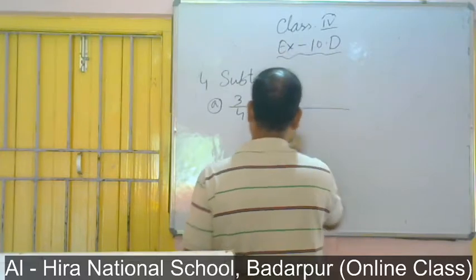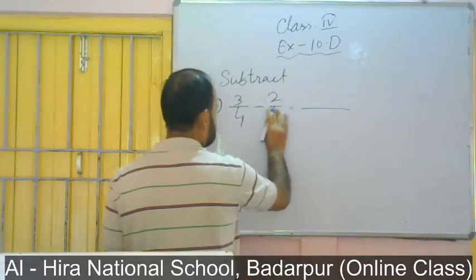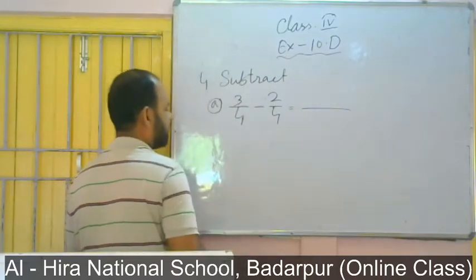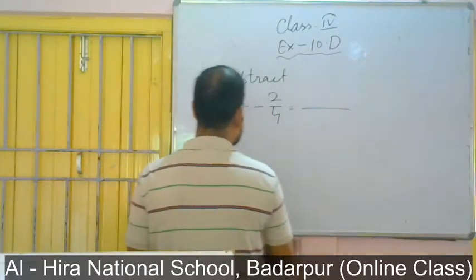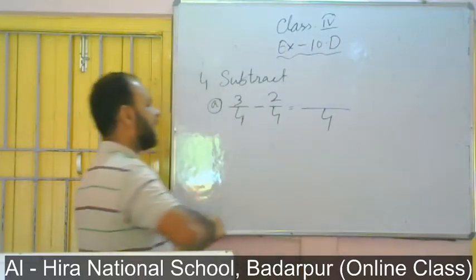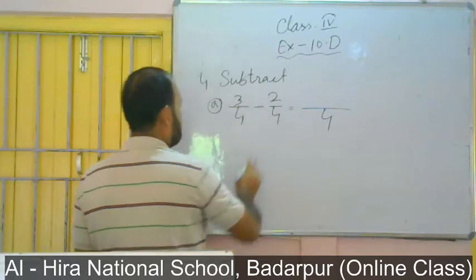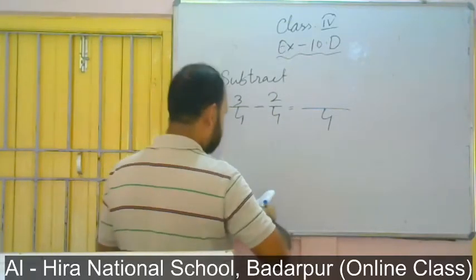We know these fractions are like fractions. So here 4 is the denominator, there also 4, that means both fractions are like fractions. So we take only one common denominator, and when we subtract, then we get the difference of numerators.